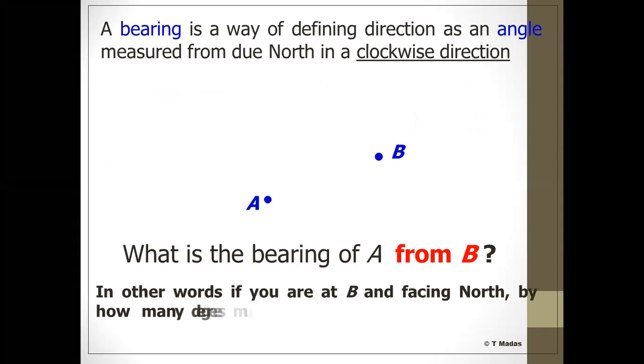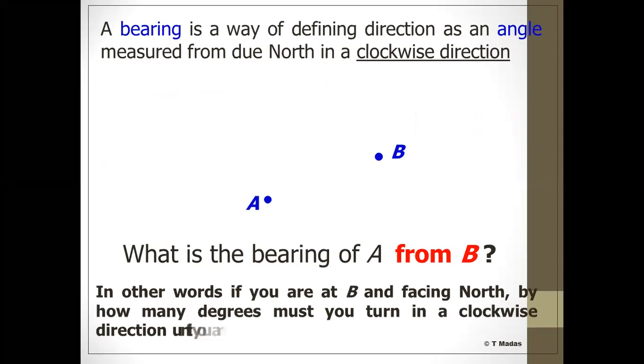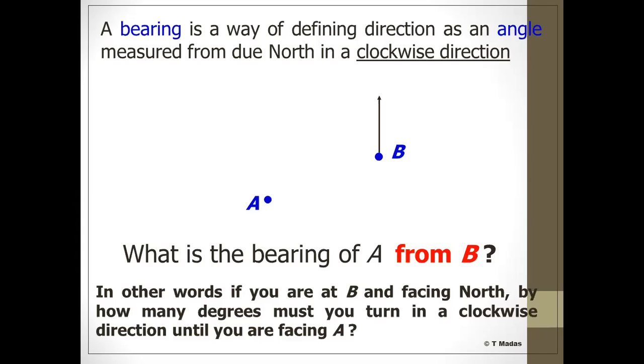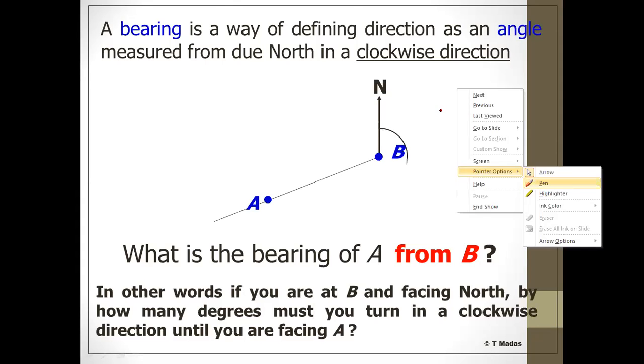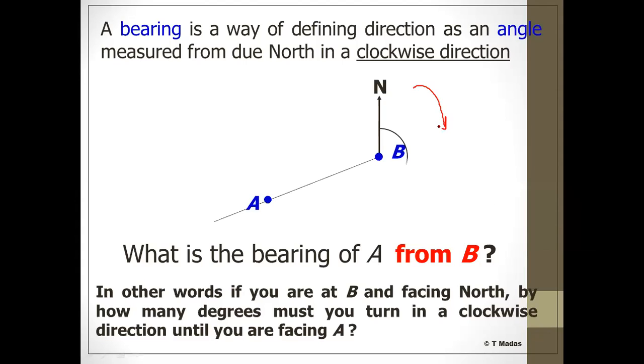From B, that means B is your starting point. So north should be at B, and draw a line between A and B, and find this angle from here to there. You always should go by clockwise direction. I don't look for the easier, smaller angle; I look for the clockwise direction. We measure the angle in the clockwise direction. But teacher, this is a big angle.